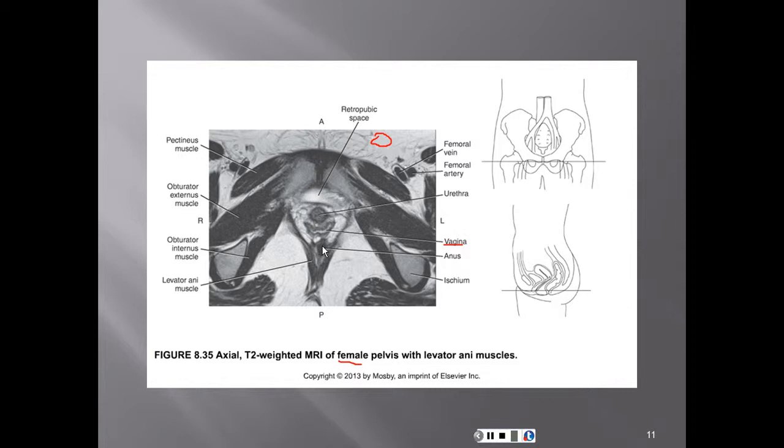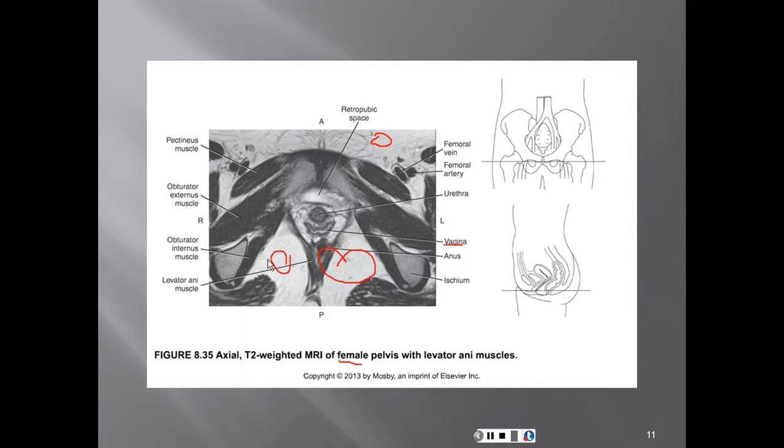And you have the anus right there, and you still have this fat plane. So at the first sign of inflammation, you will see obliteration of the fat plane. You will see phlegmon in the fat plane. You wouldn't be able to see a nicely visualized fat plane.